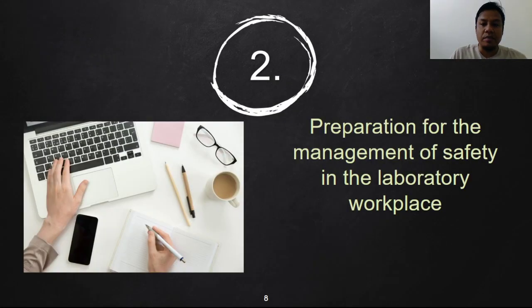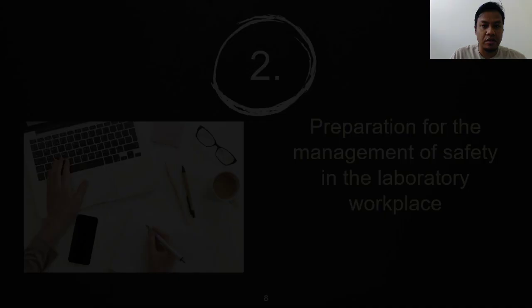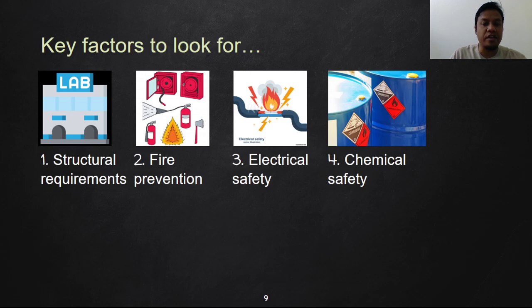Second, preparation for the management of safety in the lab workplace. How to prepare? The key factors to look for is first the structural requirements. For structural requirements, we are talking about the design and layout of the building and lab, which includes separation of non-testing functions such as administrative work and the pantry from the testing areas.